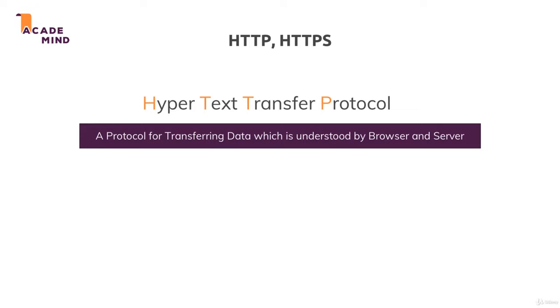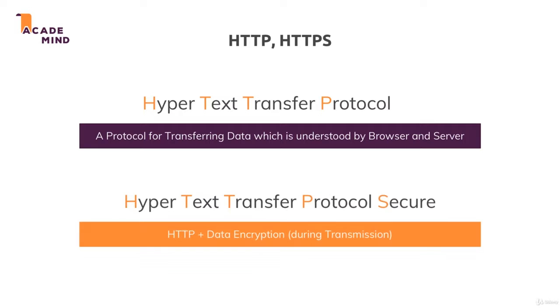HTTP stands for Hypertext Transfer Protocol, and there we simply define how a valid request looks like and how the data should be transferred from browser to server and the other way around. And HTTPS simply is the same, with SSL encryption turned on, where all the data that is transmitted is actually encrypted, so that if anyone is spoofing your connection, they can't read your data.